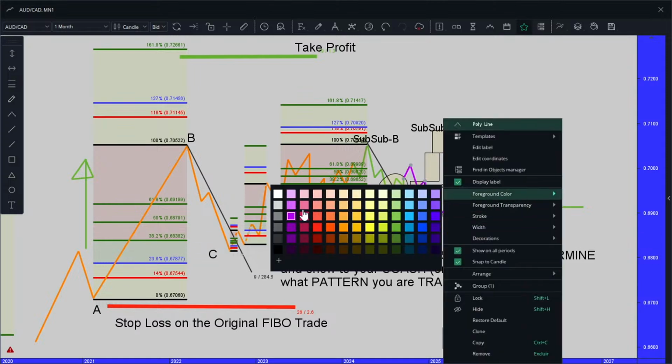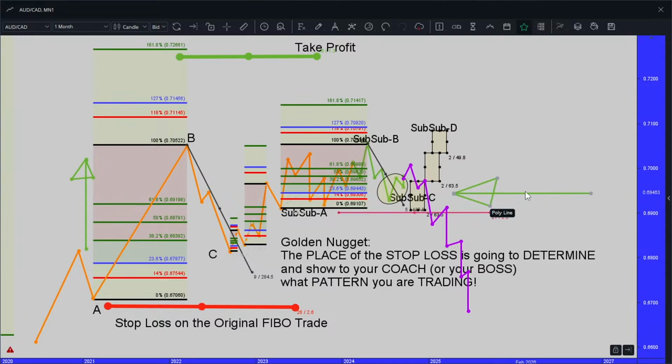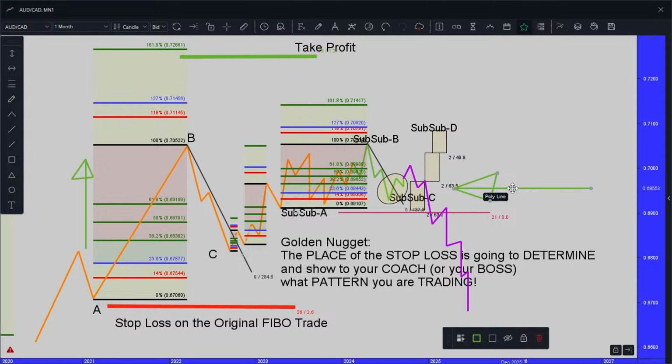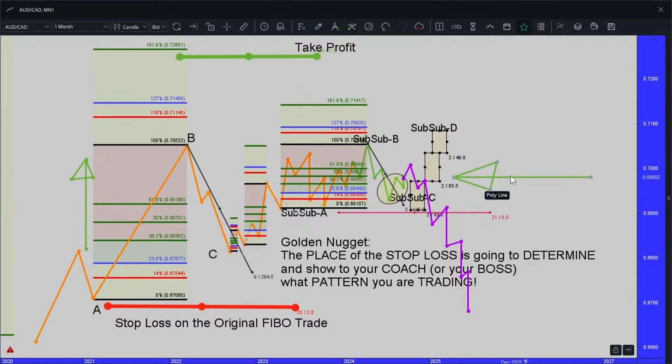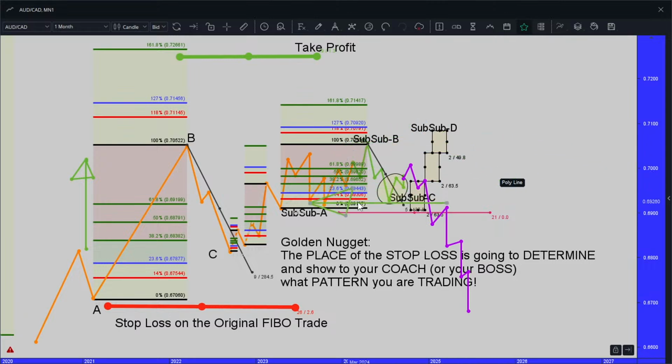Yes, sir, absolutely correct. You are correct. But it doesn't change anything. If you are going to trade the Fibonacci of the confirmation, stop loss goes on the sub A. If you are going to trade the original Fibonacci, stop loss goes below the A.